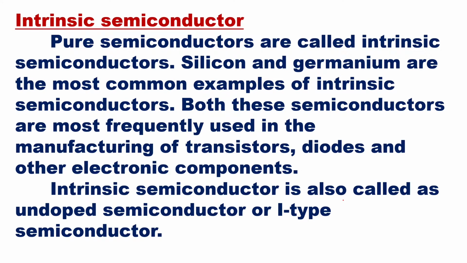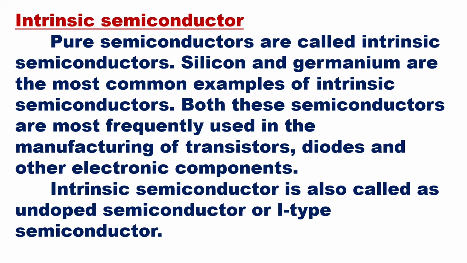As a theory, as we have already spoken about this, pure semiconductors are called intrinsic semiconductors. Silicon and germanium are the most common examples of intrinsic semiconductors. Both are most frequently used in manufacturing transistors, diodes, and other electronic components.